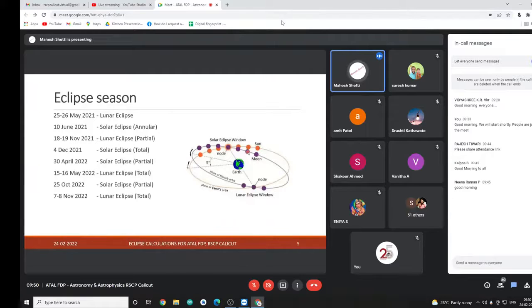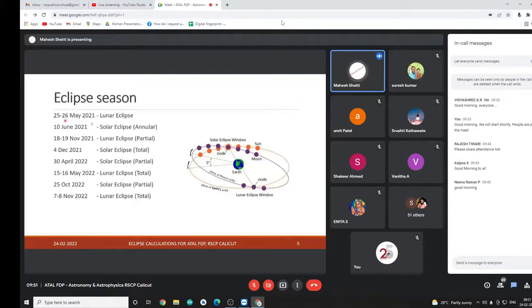Here it is just missing, and within this particular limit, any time a new moon day takes place around this node, there is going to be a solar eclipse. Similarly, there is a particular limit within which, if the full moon day happens, you will see that a lunar eclipse takes place.